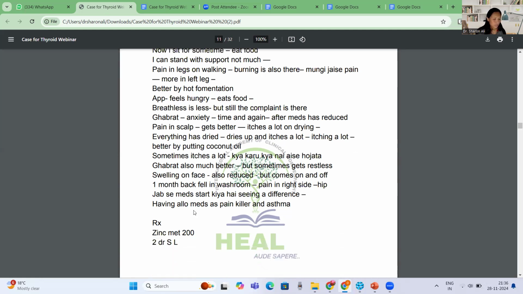Now here I gave the patient Zincamet. Zincamet was given because afterwards, when we took the history, we noticed that she had taken a lot of medicines for the eruptions in her head, the scalp eruptions that we saw.